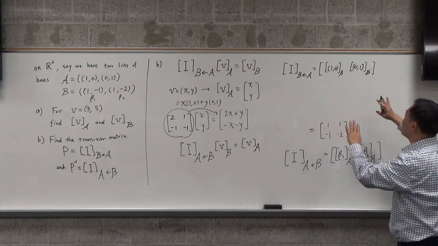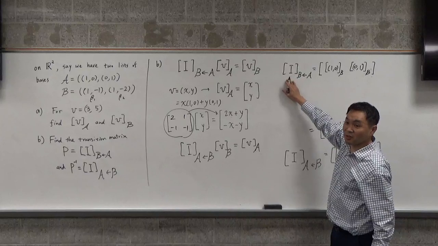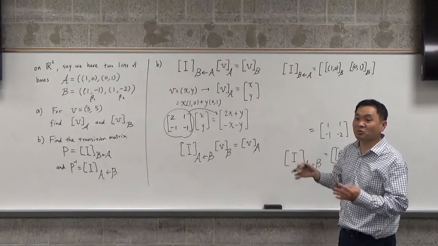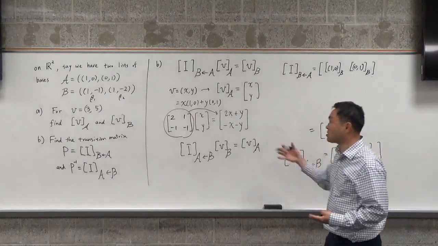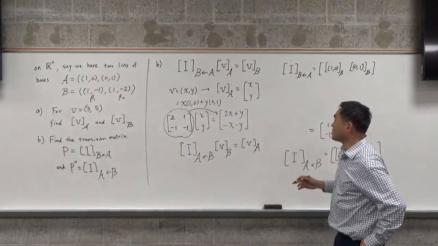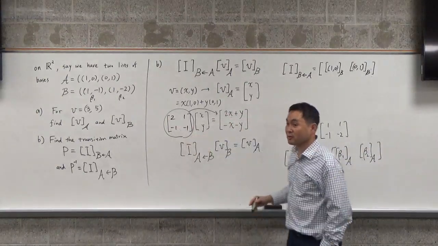Okay, so this should be the formula to get this one. So I'm just suggesting a different way of getting it rather than doing this. So let's see if we get the same exact answer that way.